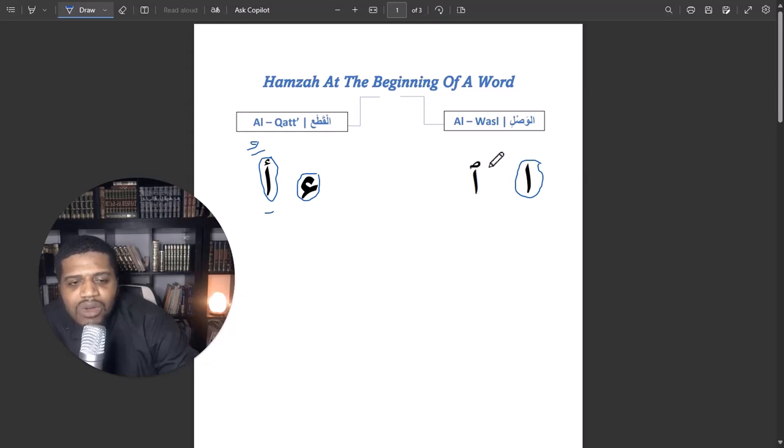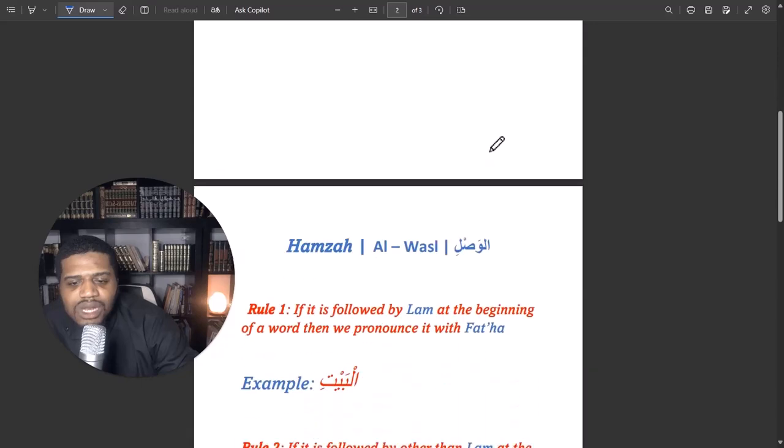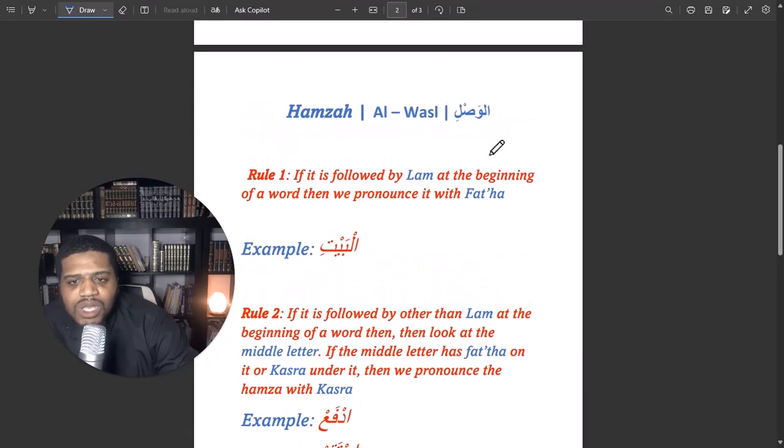So how do we pronounce Hamzatul Wasl when we see it? So inshallah, if we go down to the next slide, we will look at some of the rules related to Hamzatul Wasl, and inshallah, once we understand these rules, it should help us read Hamzatul Wasl at the beginning of words.